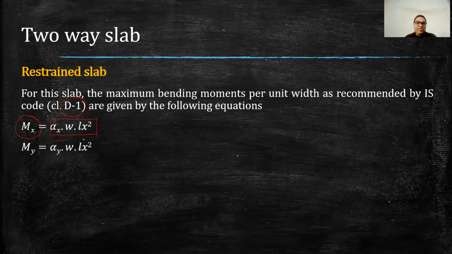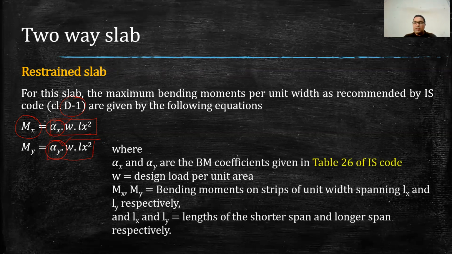But here the difference is that the value of alpha x will be different. In the simply supported slab case, we found the values of alpha x and alpha y by using Table 27. In the case of a restrained slab, we will be determining alpha x and alpha y by using Table 26.